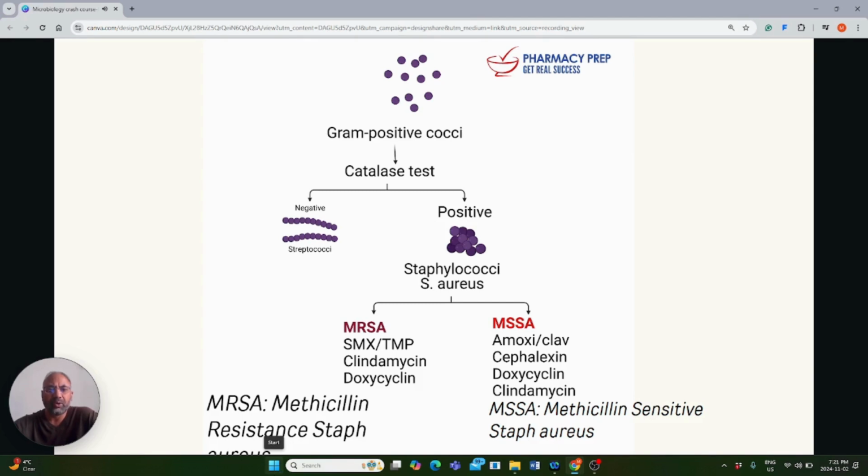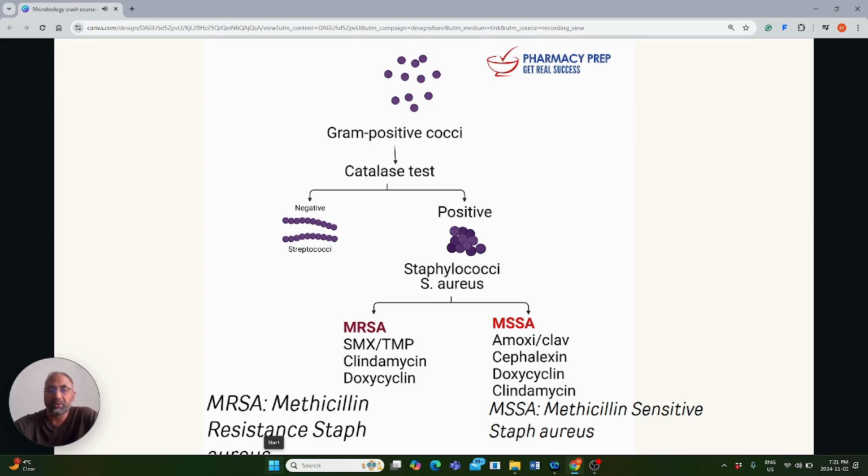And in the Staphylococcus, we did a coagulase test, which showed that the organism is coagulase positive, which is Staph aureus. So Staphylococcus aureus can also exist as a MRSA or MSSA. Okay, so MRSA is a very deadly and very dangerous organism. What does MRSA mean? MRSA means that they are resistant to penicillins, which are the main drugs for treatment of gram-positive organisms.